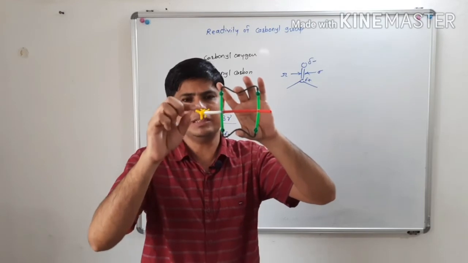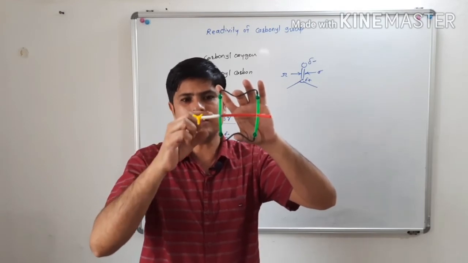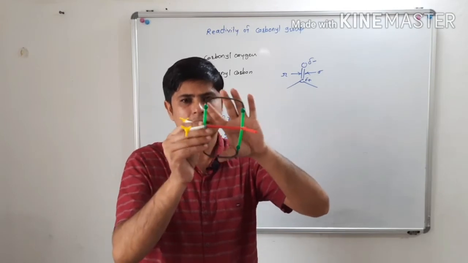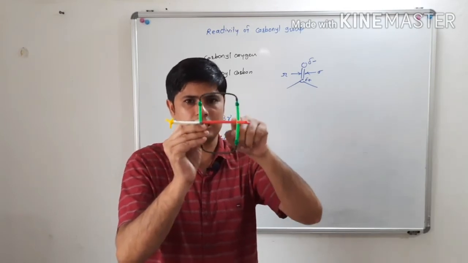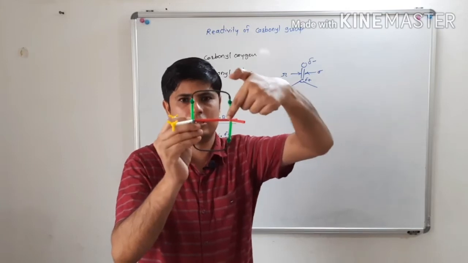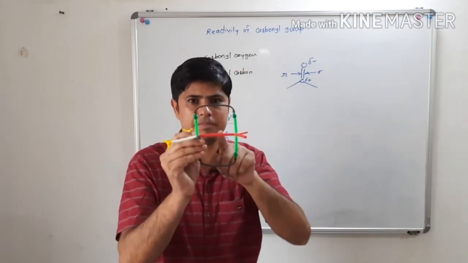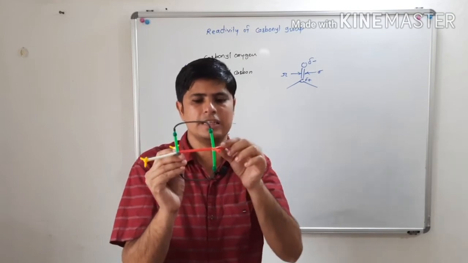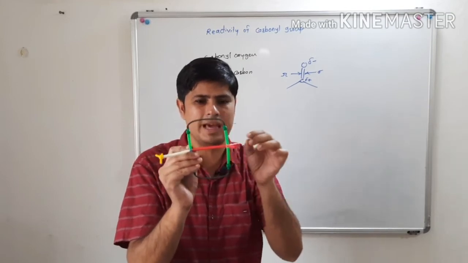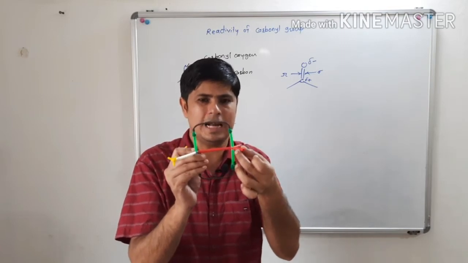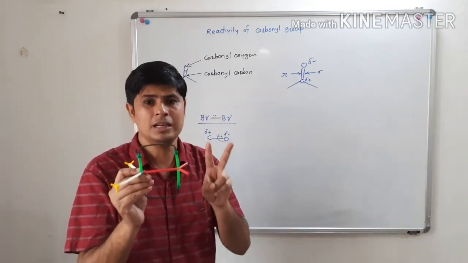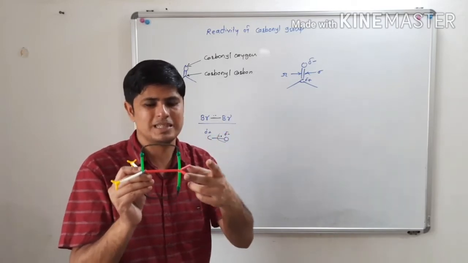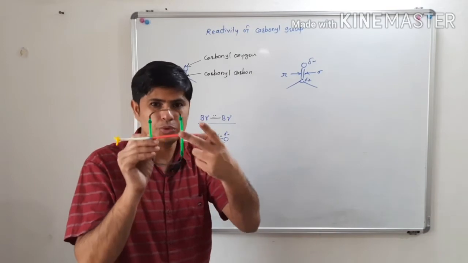This carbon is bonded to two methyl groups, and it is bonded to this oxygen via the red sigma bond. The carbonyl oxygen atom has two lone pairs, which I have shown by two red bonds.